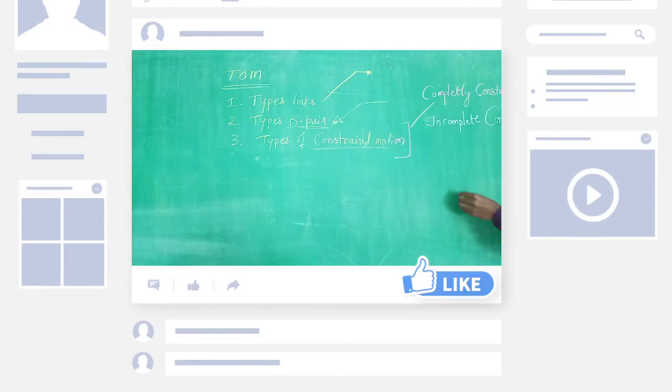And third is successfully constrained motion. So three types of constrained motion are defined.